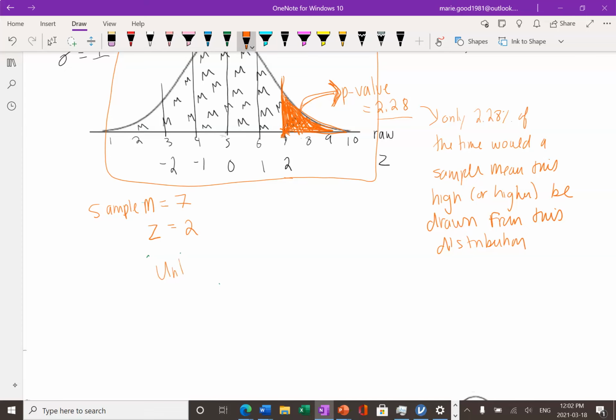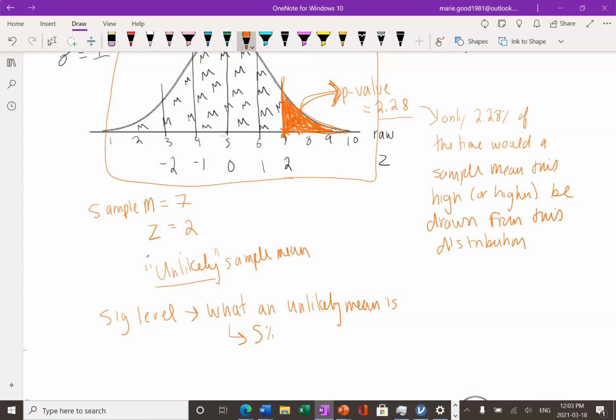So we want an unlikely sample mean to reject the null. We talked about how the significance level that we set is how we formally define what an unlikely mean is in the null situation. And usually we set it to either 5% or 1%.